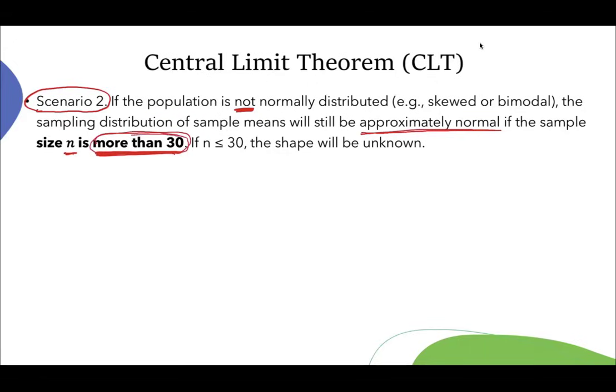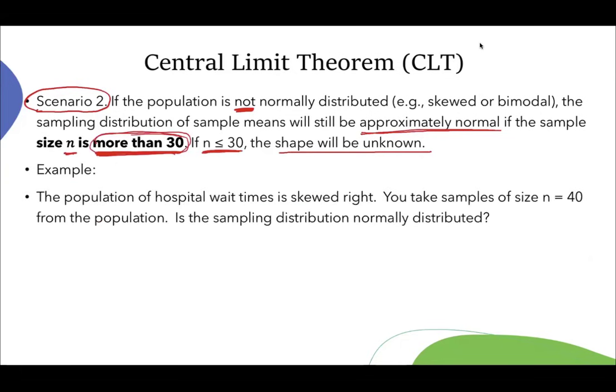If it's more than 30, we're going to say for sure that the sampling distribution looks normal. If it's less than or equal to 30, the shape that comes out for the sampling distribution is going to be unknown. And if it's unknown, you're not going to be able to conduct probability analysis on it.